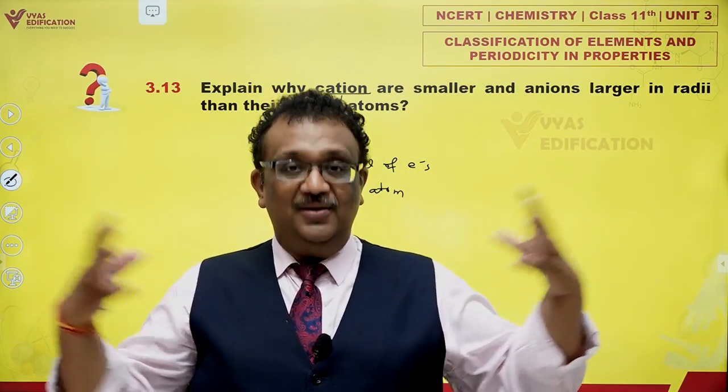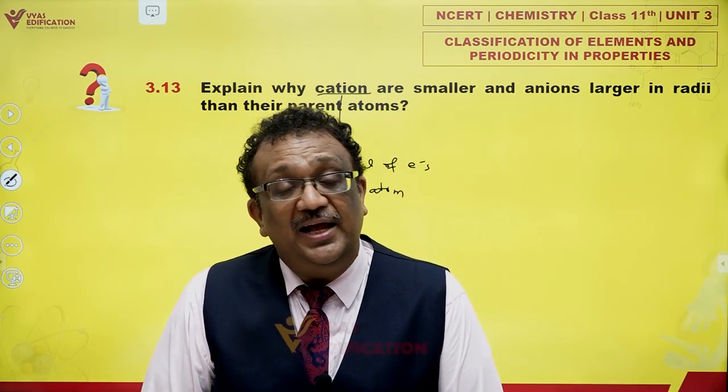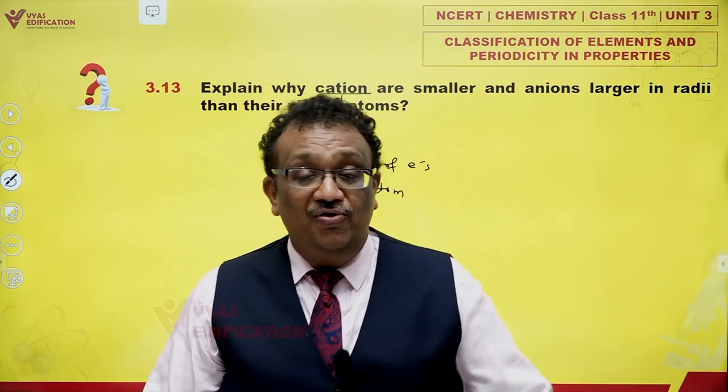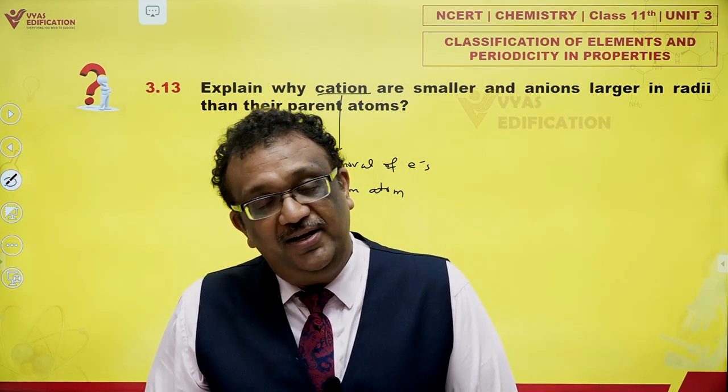Their repulsion keeps the ball puffed up, or the size of the atom big. If I remove an electron, they don't repel each other as much. And the nucleus is always attracting them. If repulsion becomes less, the force of attraction due to the nucleus pulls them inwards, and thereby it decreases the atomic radius or the ionic radius.